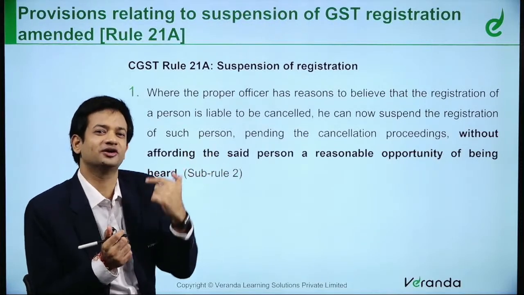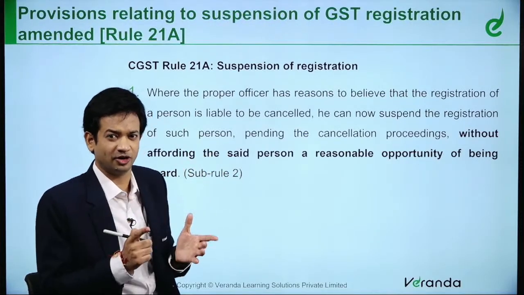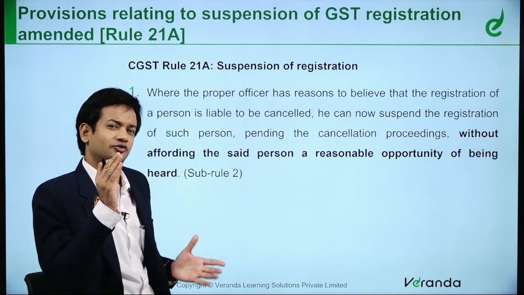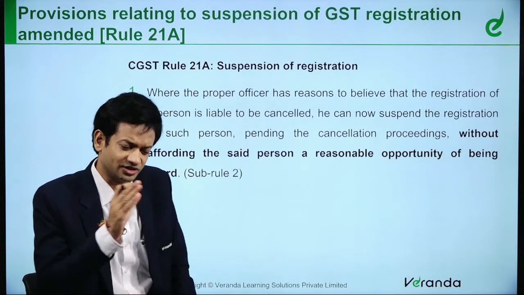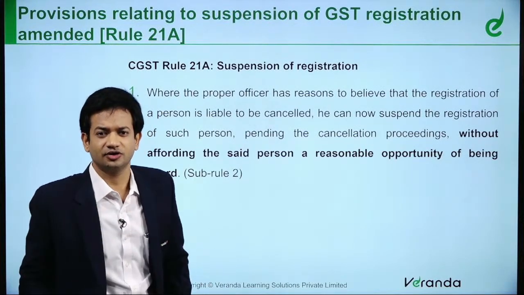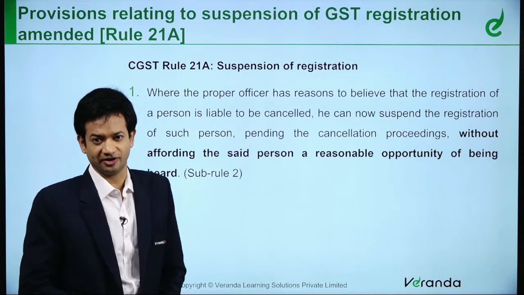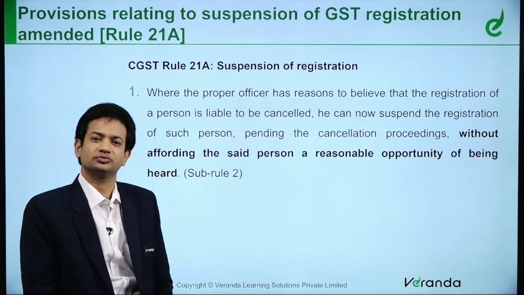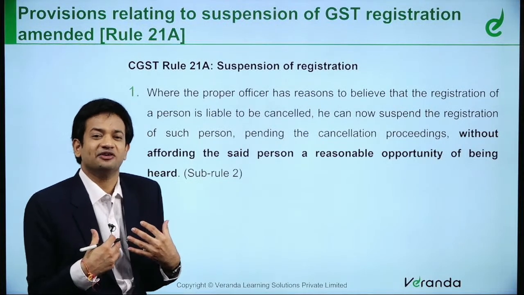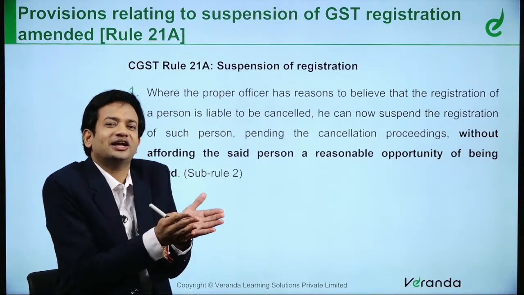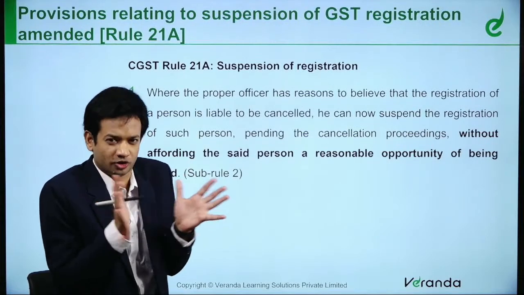So he'll give an opportunity of being heard. He will send me an email or a notice will come stating that we have noticed certain activities which are not in compliance with the law, so your registration can be suspended. So they will give an opportunity of being heard so that I can give my responses. Based on that, they can take a call whether to suspend or not.